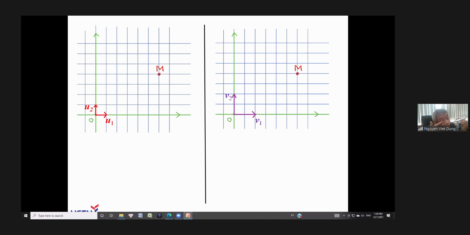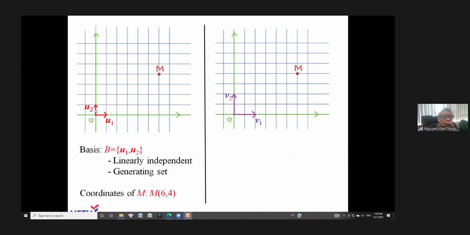On the left hand side, we consider the standard basis. It is here, consisting of U1, U2. It is a basis because it is linearly independent and is a generating set for the coordinate plane.